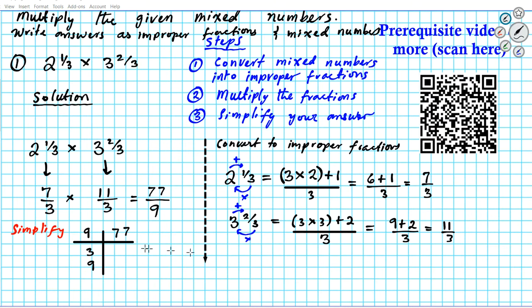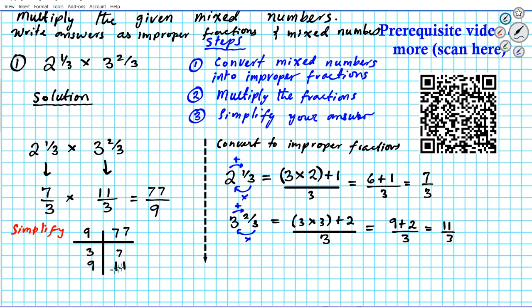All right, so what are the factors of 77? The smallest first one is 1. 2 can't go, 3 can't, 4, 5, 6, 7 is the first one. And then 8, 9, the next one is 11, right? So we can stop right here because 11 is bigger than 9.